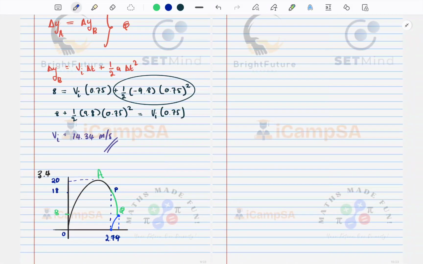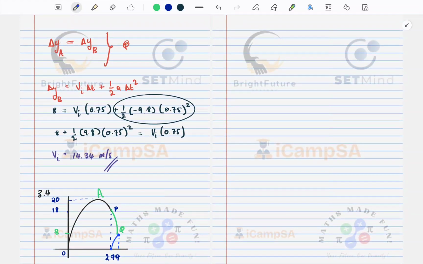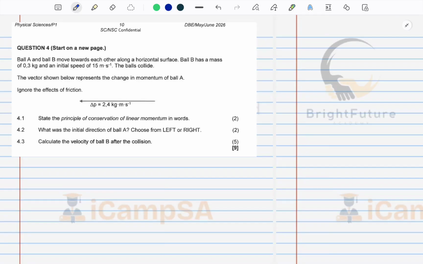Okay, coolies, let's move to another question. So we have question 4. Here ball A and ball B move towards each other along a horizontal surface.